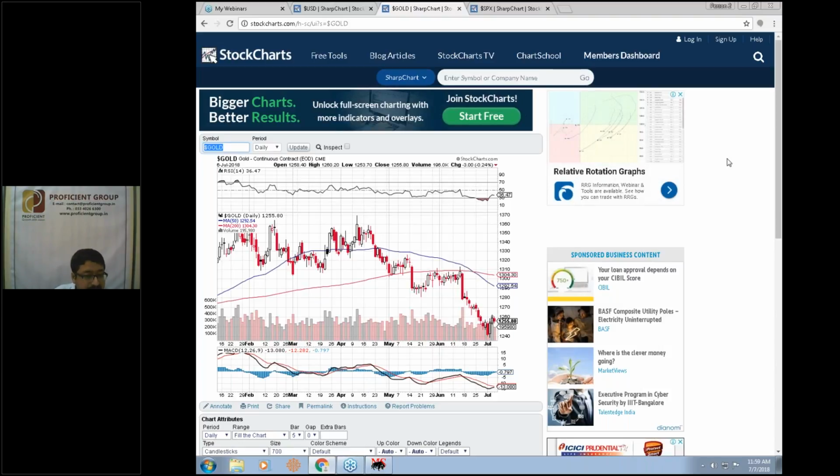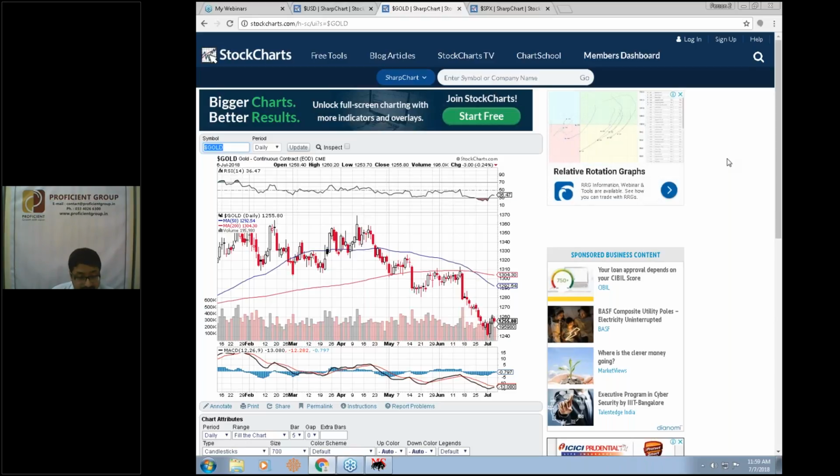This chart represents the prices of gold, and as you can see, gold is in an intermediate downtrend. This is the daily chart of gold, and in the month of May, gold broke below its 200-day moving average, which is the official beginning of the bear market.